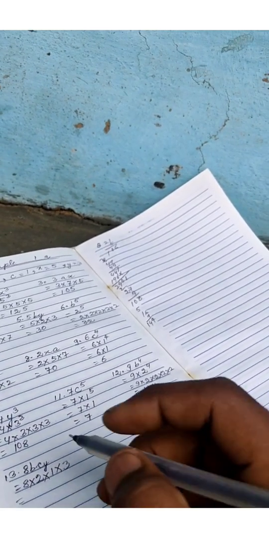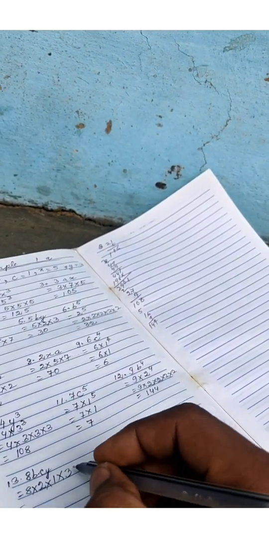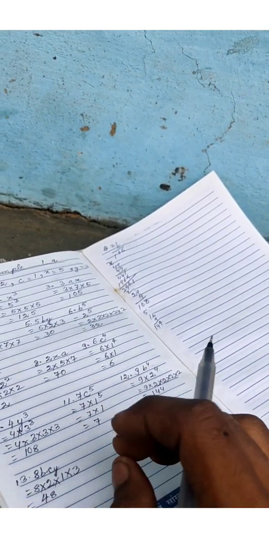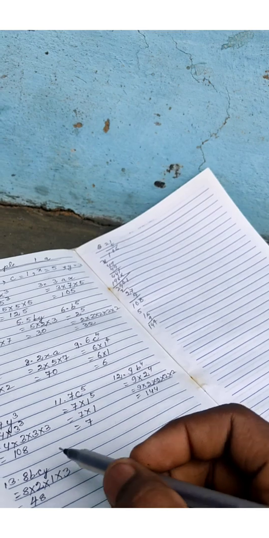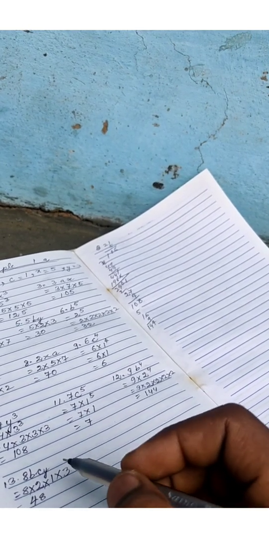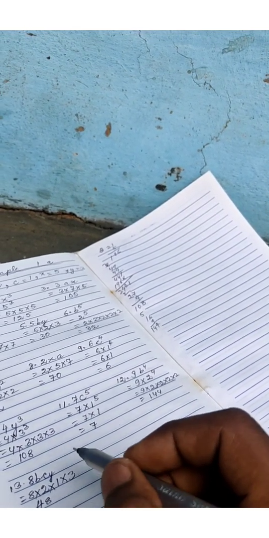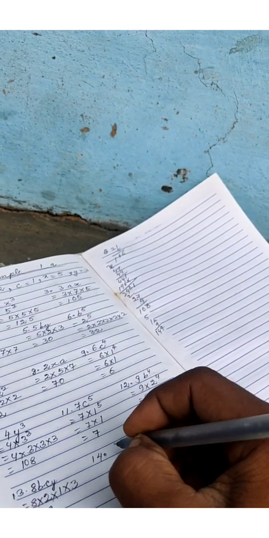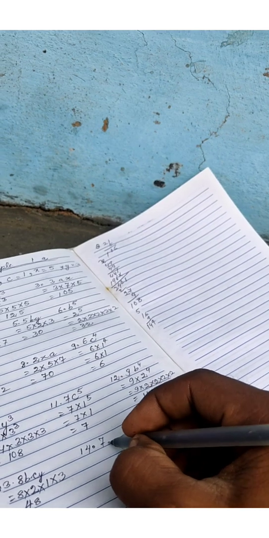So let us multiply it normally. 8 2s are 16, 16 threes are how much? 48. And if you are thinking that will be tough, you can go for the lower multiplications. Instead of 16, you can go for 2 threes are 6. So 6 8s are 48. Look for your own convenience, the way you can do it.